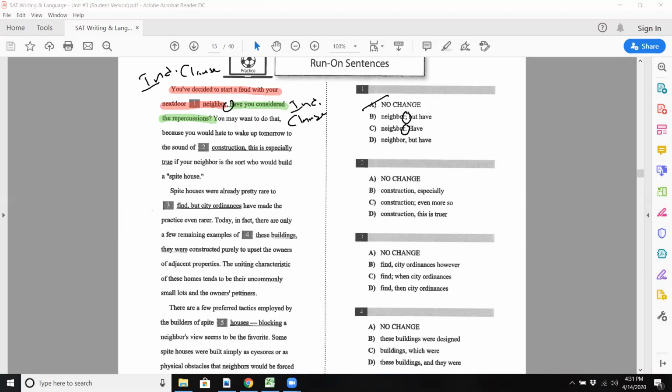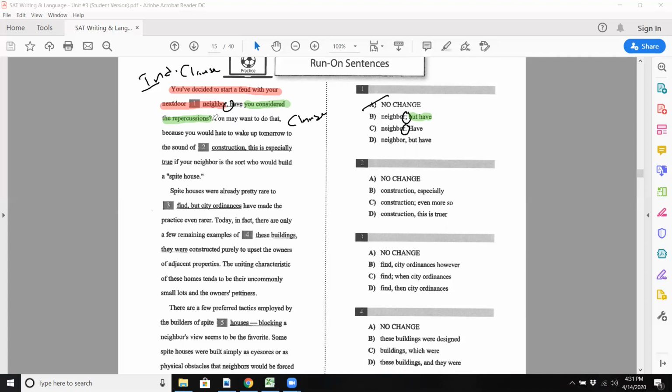The problem with B is that now you're going to have this happening: but have you considered. That's an issue because that's not a complete sentence, but have you considered the repercussions?